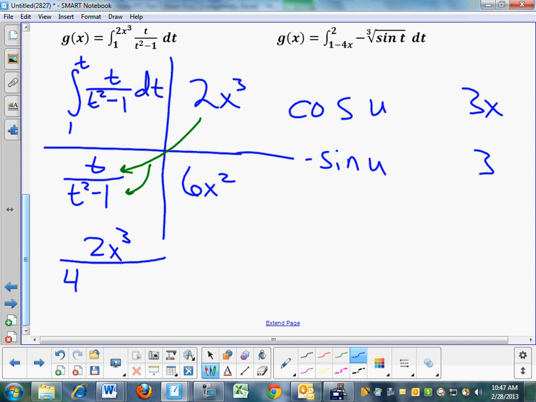I get 4x to the sixth minus 1. I have to multiply that by 6x squared. And that's it. So we just set up the chain rule. We're going to do it one more time, and I promise the second time will be easier.